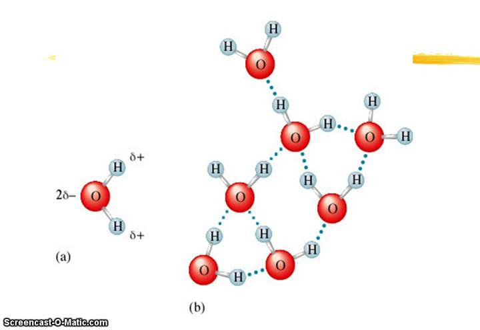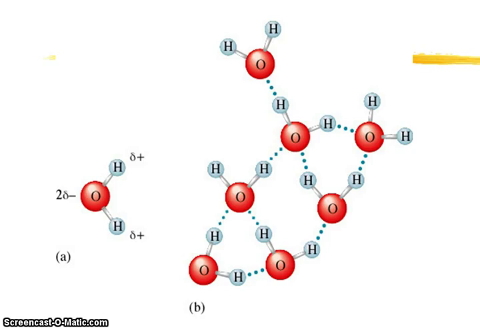Well, now over on the right-hand side, we look at a model that shows us those intermolecular forces between water molecules. And those are represented by the blue dots between the water molecules. And notice that the oxygen end of one water molecule is going to be attracted to the hydrogen end of another water molecule. Positives attract negatives.